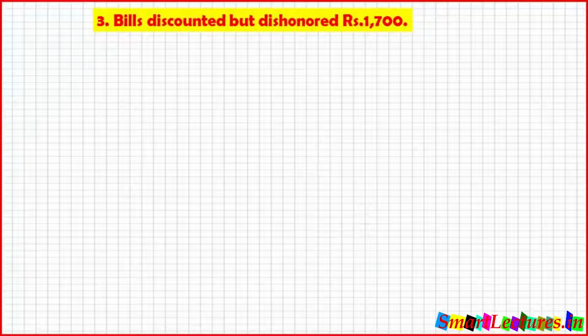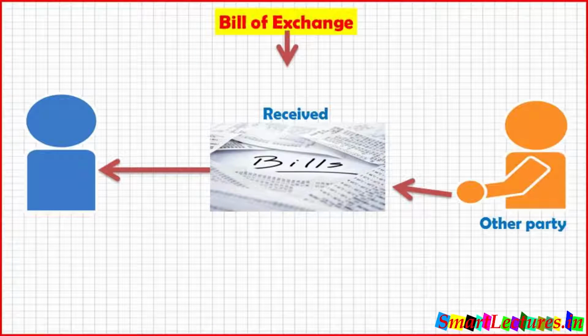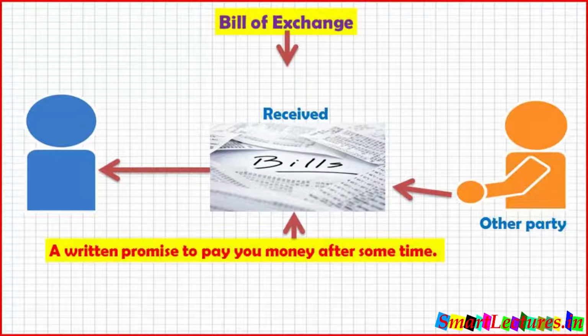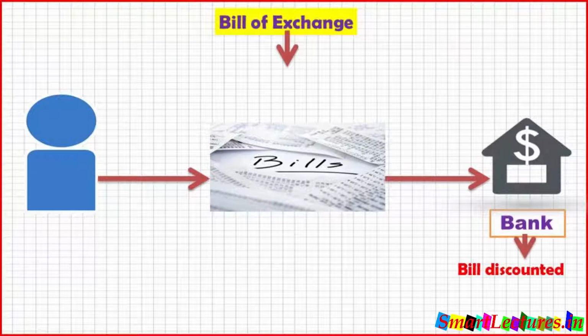Now bill discounted but dishonored 1,700. You know about bill of exchange? Bill means a written promise to pay you money after some time. Maybe we got a bill, written promise from our customer, and he promised to pay us this money after 3 months, and we immediately took the bill to the bank and got the bill discounted.